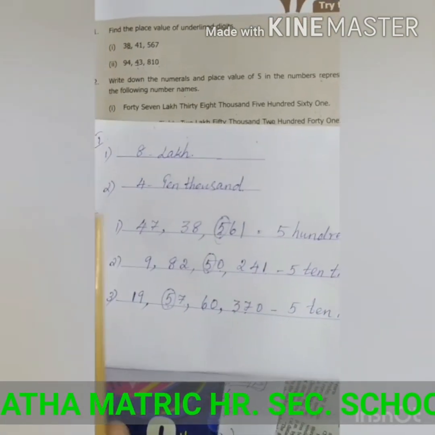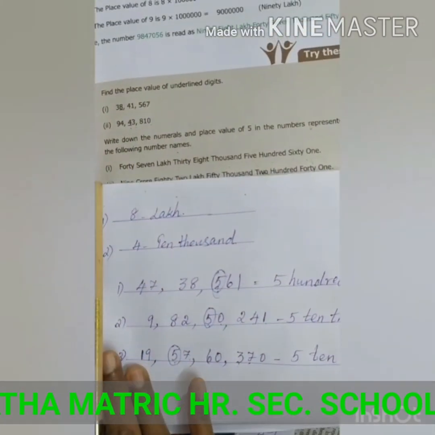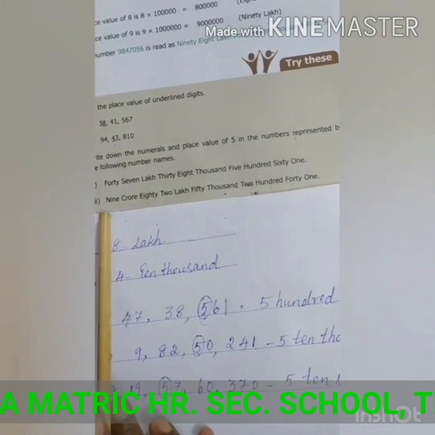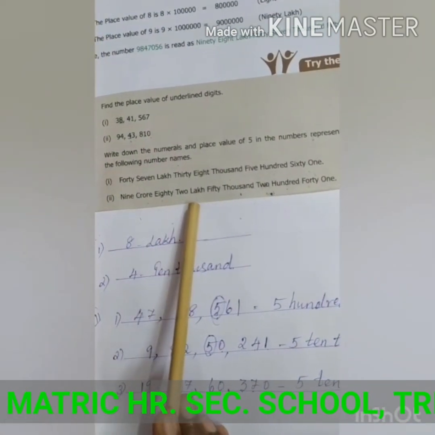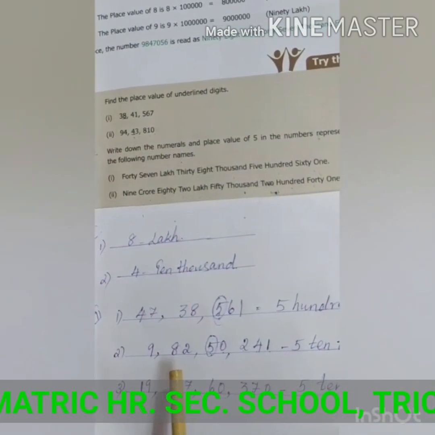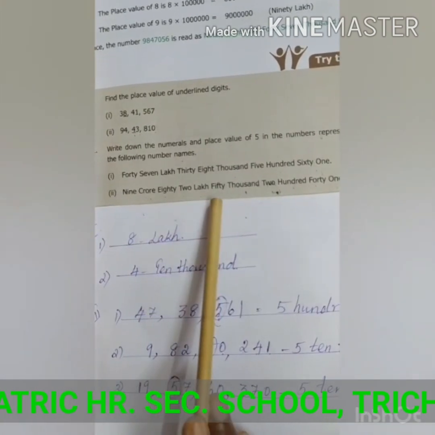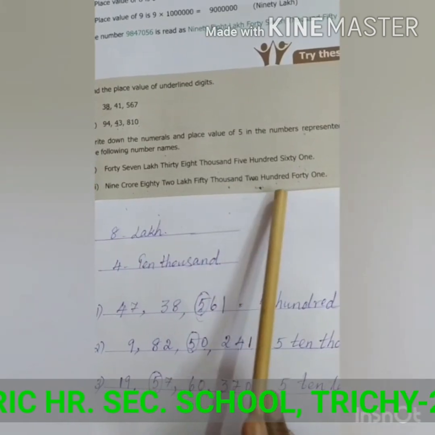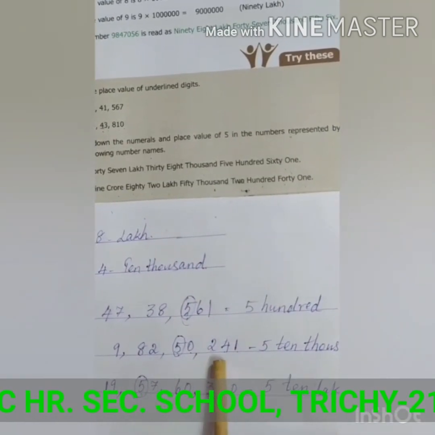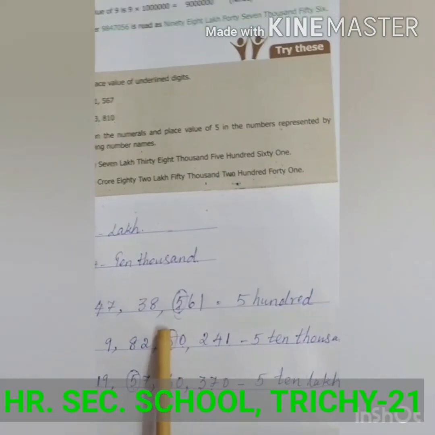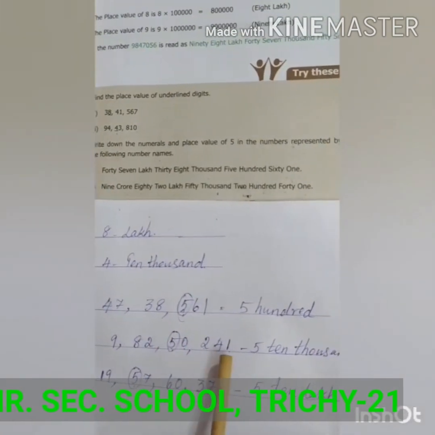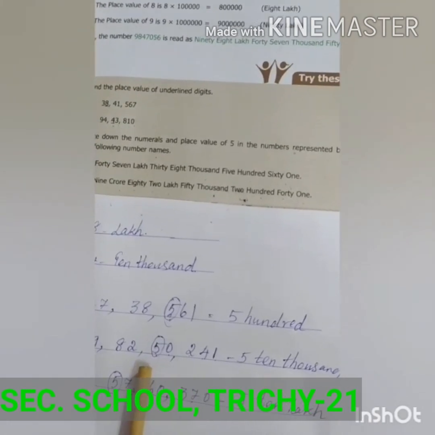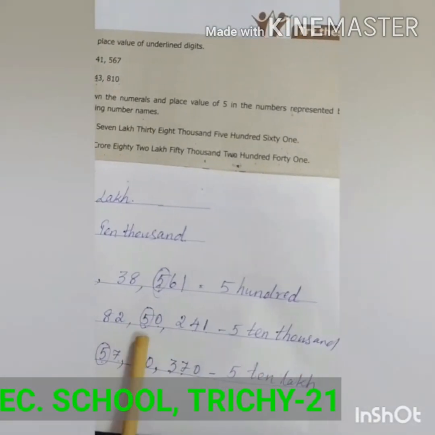See the second one, 9 crore 82 lakh 50,000 241. See here the place value of 5: ones, tens, hundred, thousand, 10,000. The place value of 5 is 10,000.